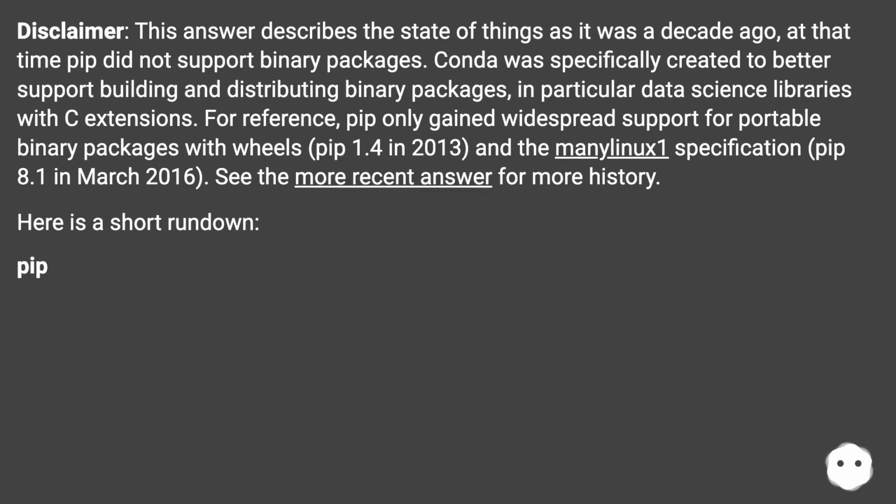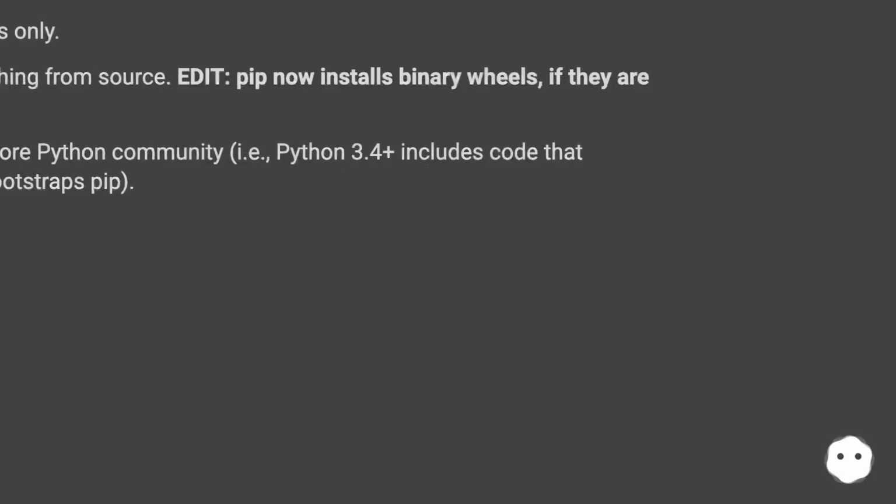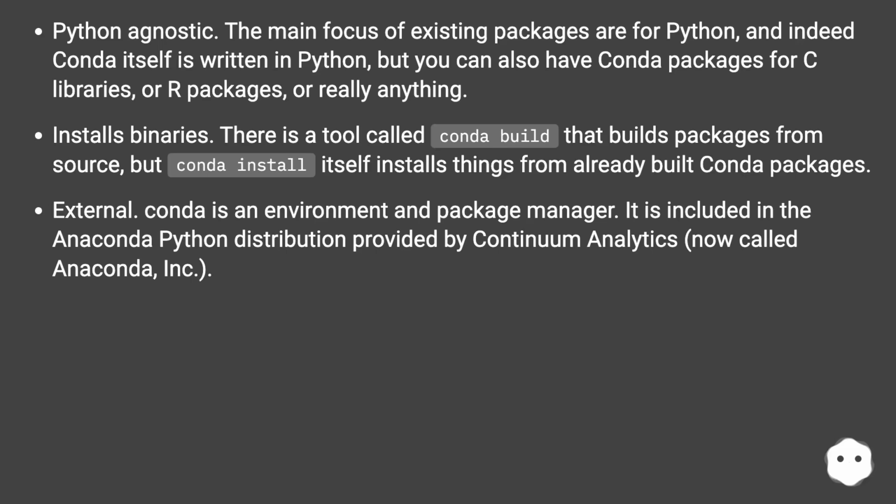Here is a short rundown. Pip: Python packages only. Compiles everything from source. Edit: pip now installs binary wheels if they are available. Blessed by the core Python community; Python 3.4+ includes code that automatically bootstraps pip. Conda: Python agnostic.